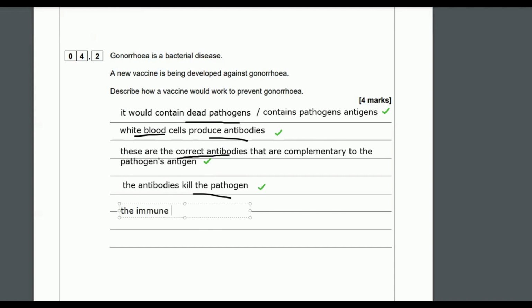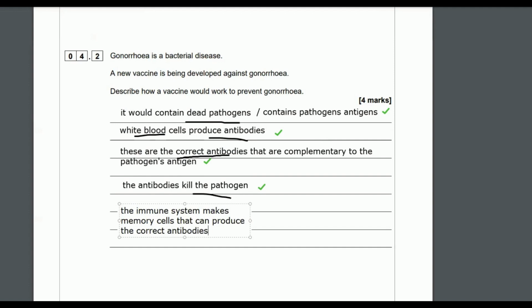When you want to say the body makes, say the immune system for these questions. The immune system makes memory cells that can produce the correct antibodies.